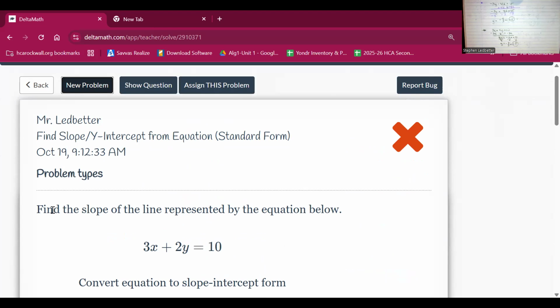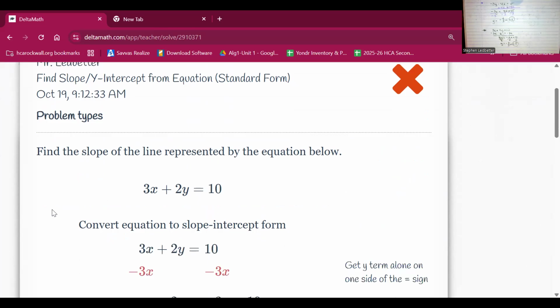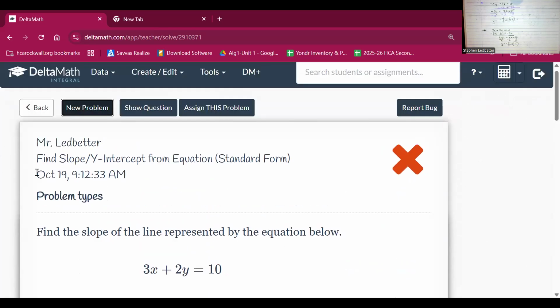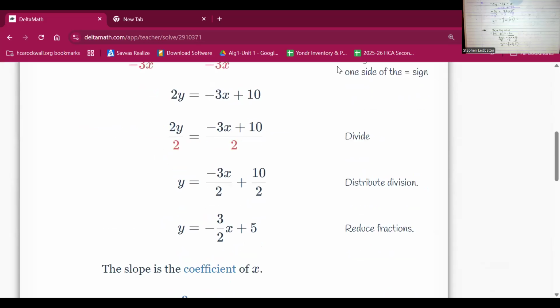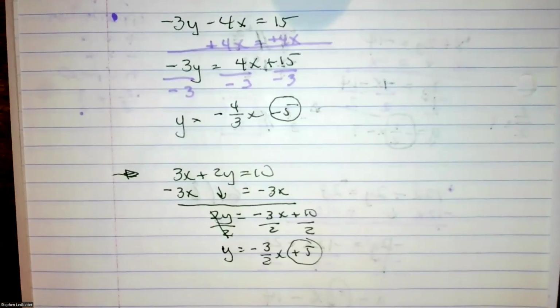So we did have the slope. Let me go back. See what happens when you don't read? I just naturally assumed it was the y-intercept from the last one. So see the slope here, and I did have it right. The slope is negative 3 over 2, and I had negative 3 over 2.